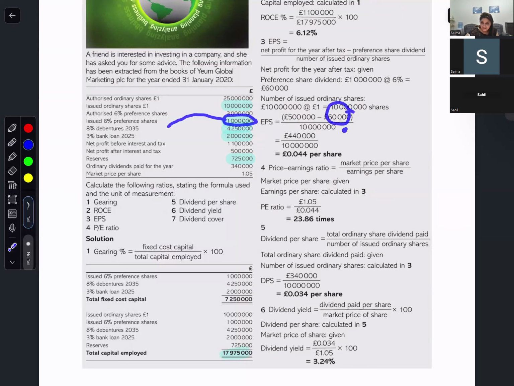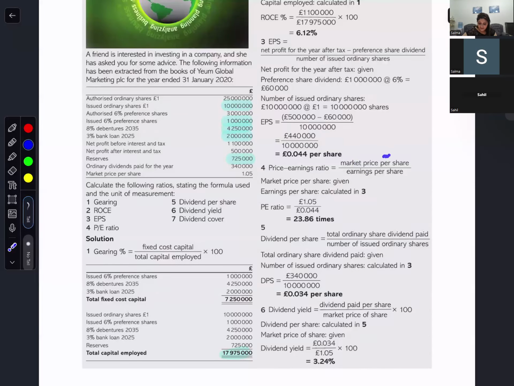Divided by how much? 10 million, the issued ordinary shares. So you get your earning per share, which is 0.044 per share.